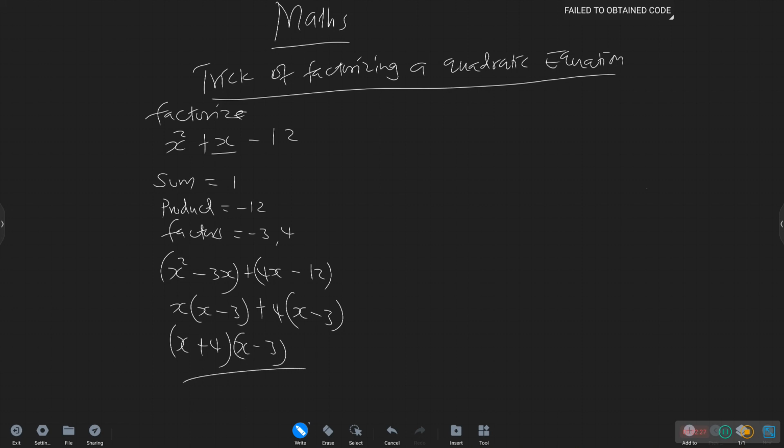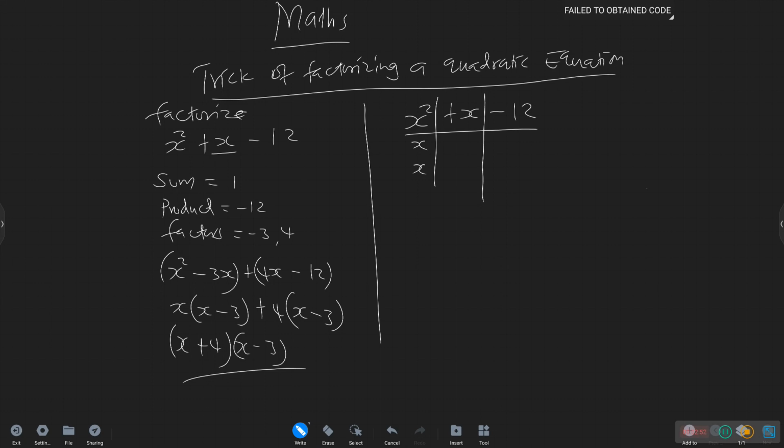But now using the trick, we have x squared plus x minus 12. We divide them just like that. Then x times x gives you x squared. Then we leave the middle side. We come here, we think of the two factors.